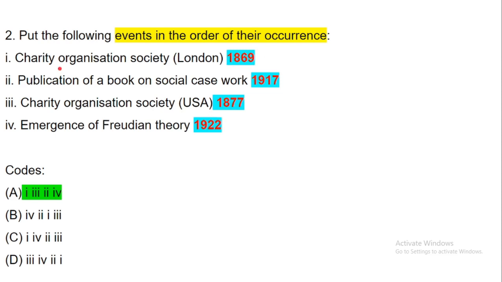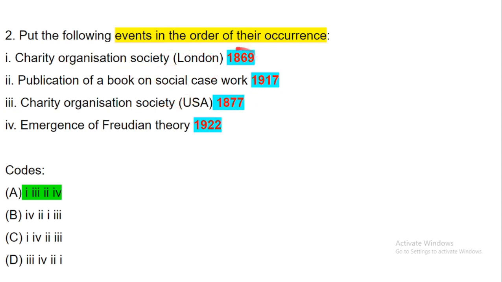So first option, that is Charity Organization Society, London, that was established in the year 1869. Publication of a book on social casework, that was in the year 1917 by Mary Richmond. And Charity Organization Society USA, that was established in 1877. Remember there is a London and USA.